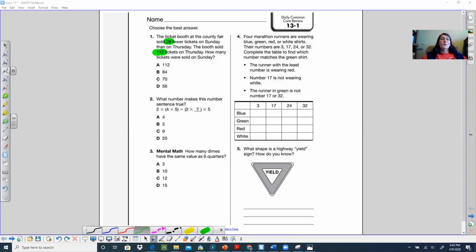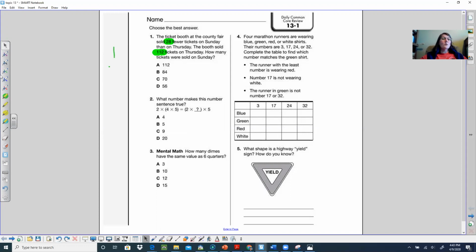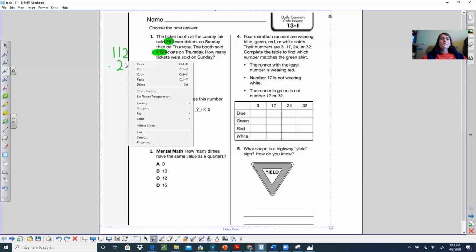So on your Daily Common Core, which you should have found in Google Classroom, there should have been a workspace over to the side. Whoopsie, hate it when it does that. Please make sure that you stack your numbers. And since they're talking about fewer, you know you need to subtract them.